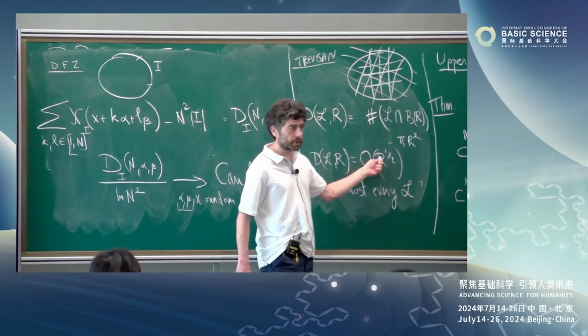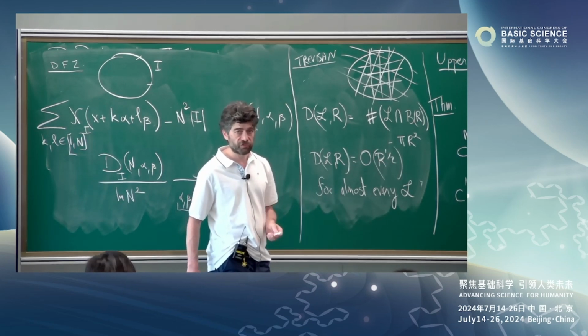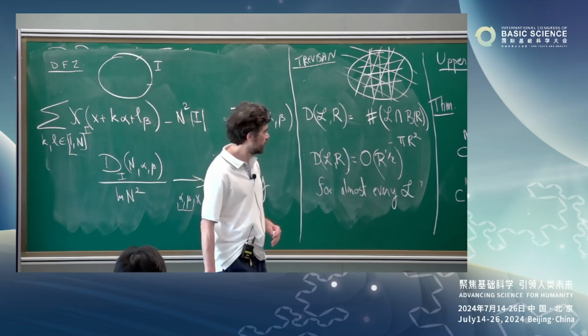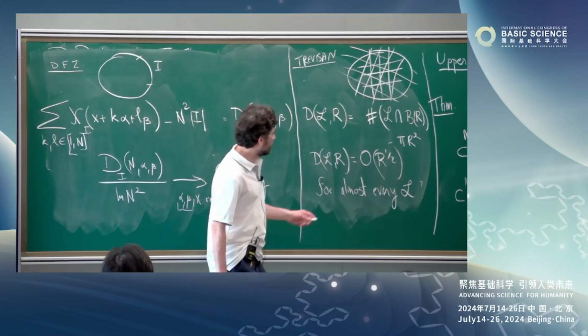It is known for R if you put power 1, and this was shown by Schmidt. It's relatively soft. But R^(1/2) would be a good target, plus epsilon, of course.